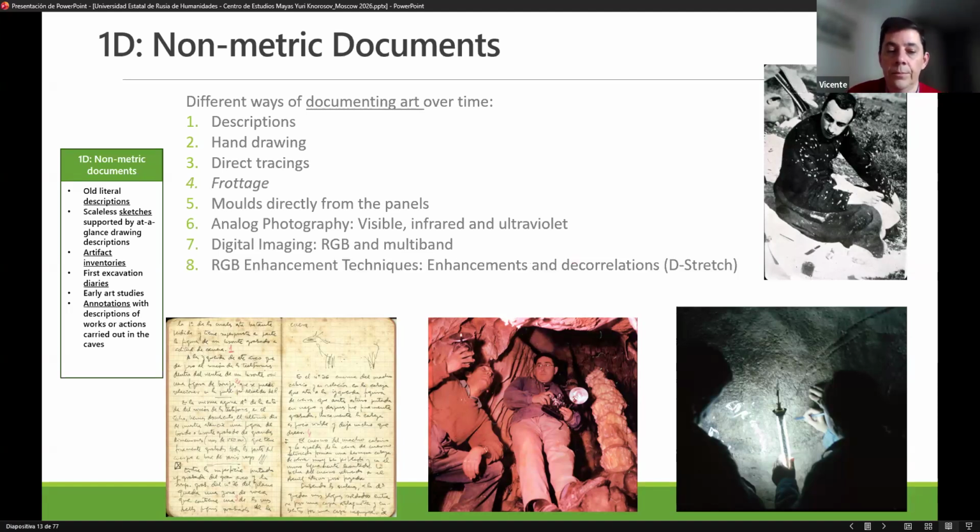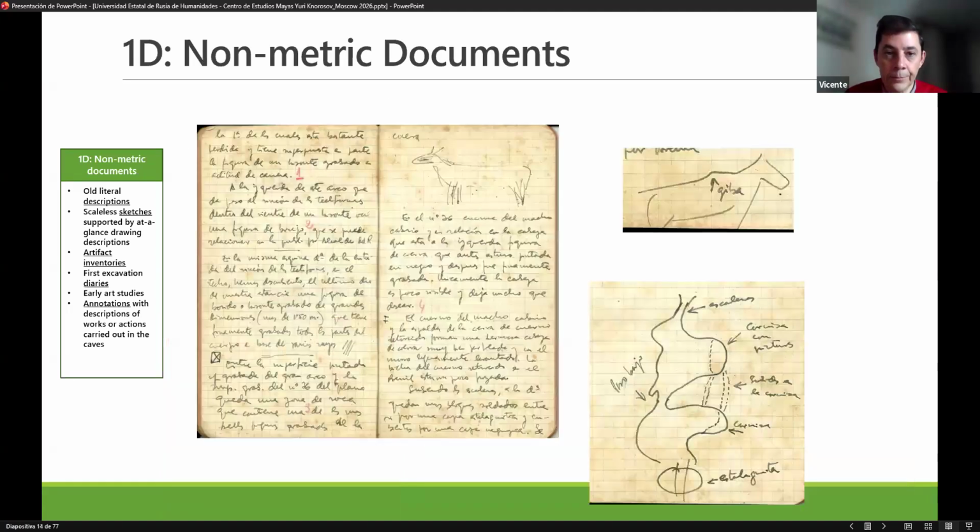And now it's very common to find enhancement techniques, like DStretch, a software that creates a correlation to enhance the pigments. And the latest is the multispectral and hyperspectral analysis method that I will talk about later. So this has been how, in the last 150 years, the documentation of the art of the cave has varied, okay?